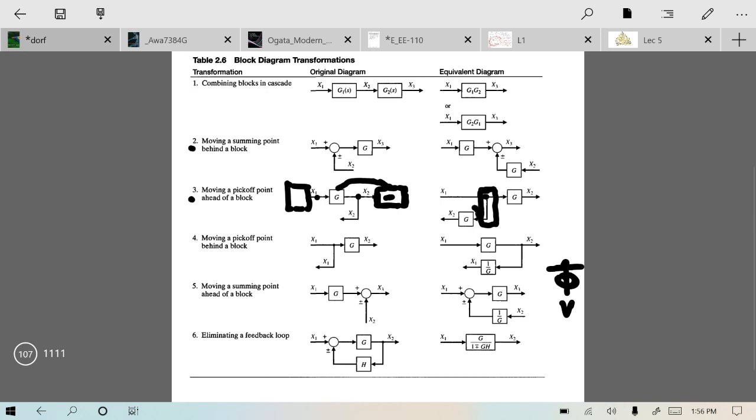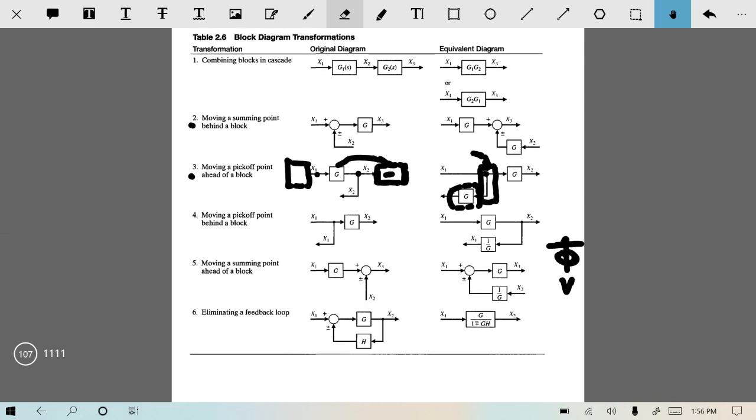Similarly, here you have added this G because the signal over here is not x2, the signal over here is x1. So to make it x2, you have to multiply it with G, because the signal you want to pick off is x2, not x1.